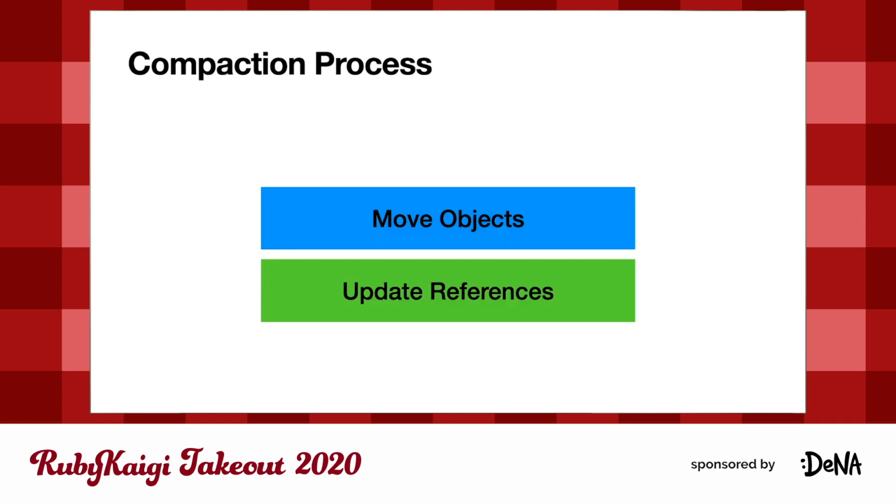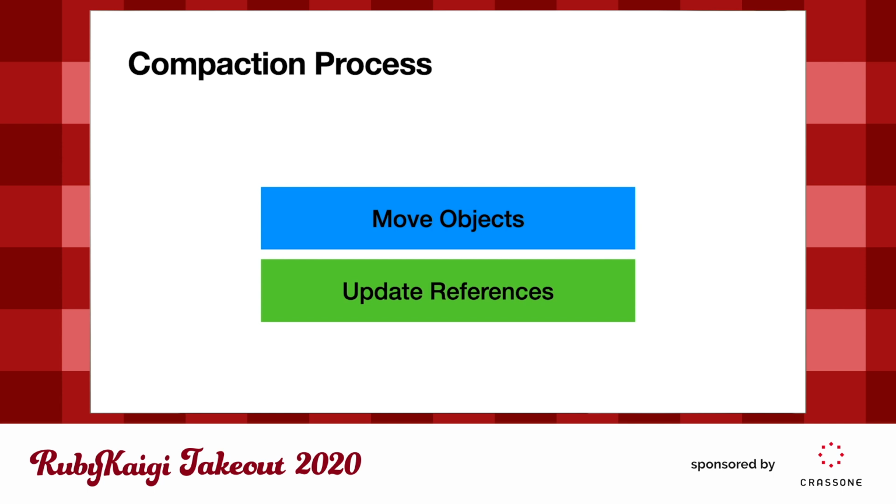As I said earlier, the compaction process has two steps. First is moving objects. Second is updating references. But since we can only move objects into empty slots, it means that the sweep step must happen before compaction can start.